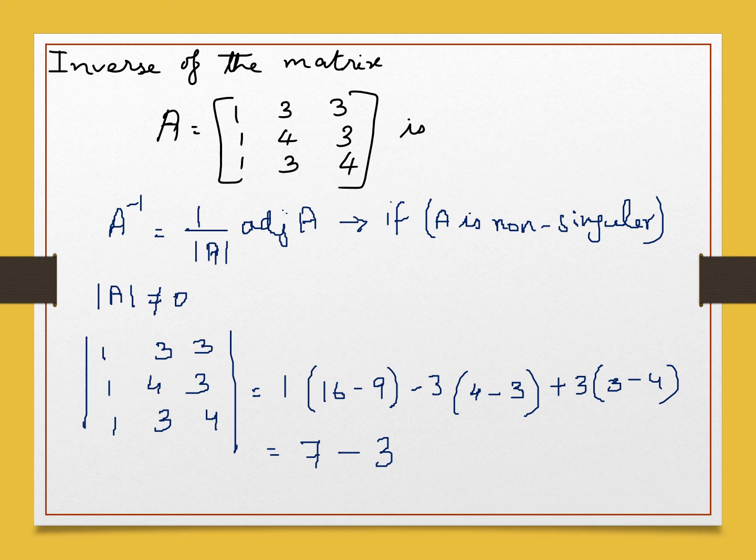So the determinant of A is not equal to 0. So A is a non-singular matrix.